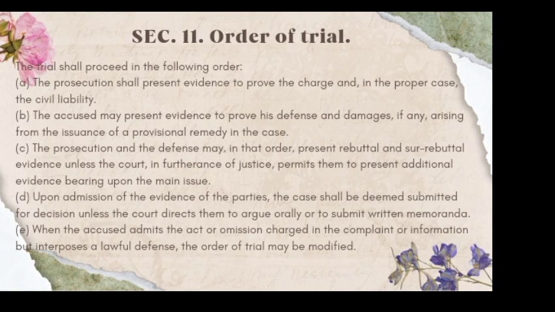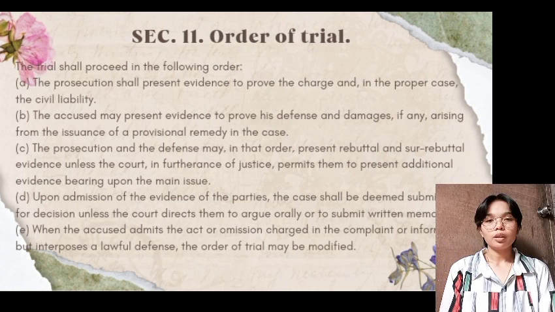C. The prosecution and the defense may, in that order, present rebuttal and surrebuttal evidence unless the court, in furtherance of justice, permits them to present additional evidence bearing upon the main issue. So, this letter C outlines the procedure for presenting rebuttal and surrebuttal evidence during a trial.